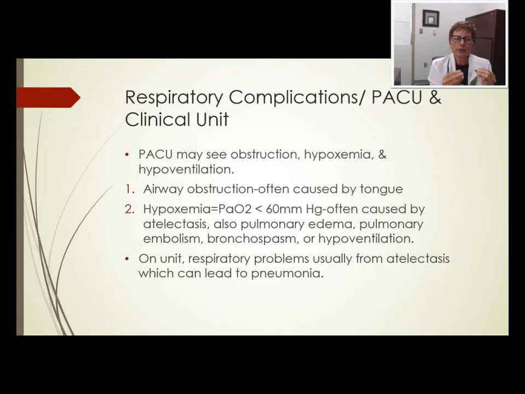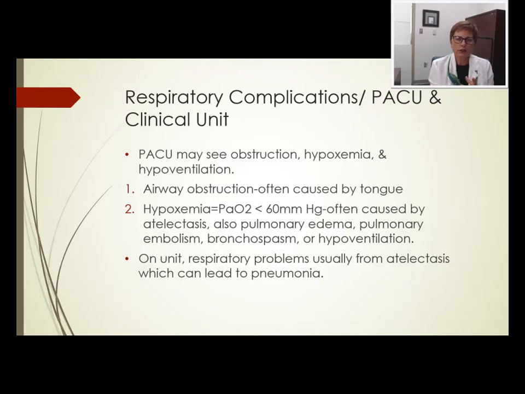And it can also be caused by pulmonary edema, and that's edema in those pulmonary arteries and veins. Pulmonary embolism, where there are blood clots in the lungs, and bronchospasm, of course, and hypoventilation, so they're not breathing deep enough or enough per minute.